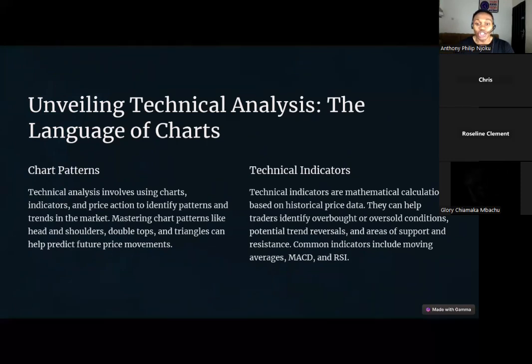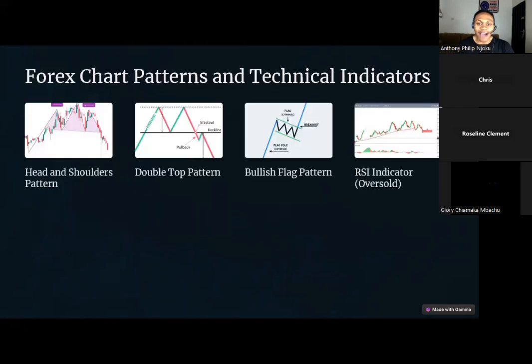Common indicators include moving averages, MACD, and RSI. Don't worry, you're going to see an example of all this. So here are a few examples of Forex chart patterns and technical indicators.